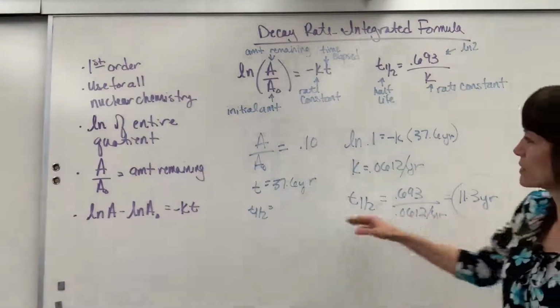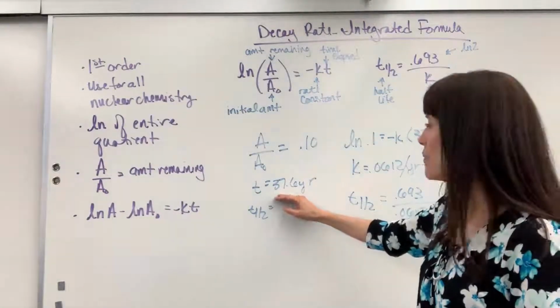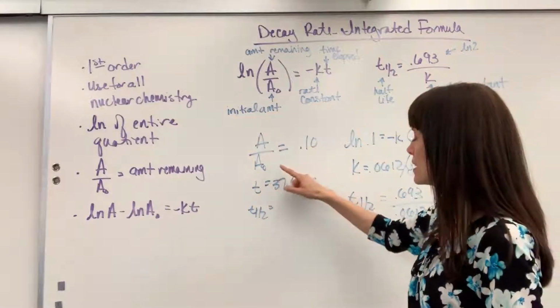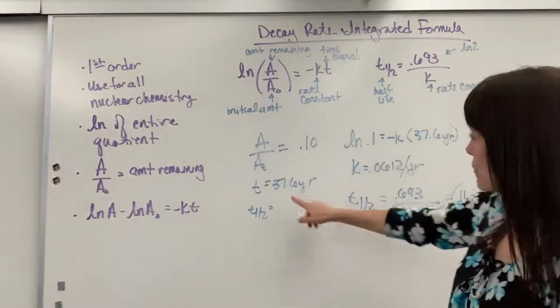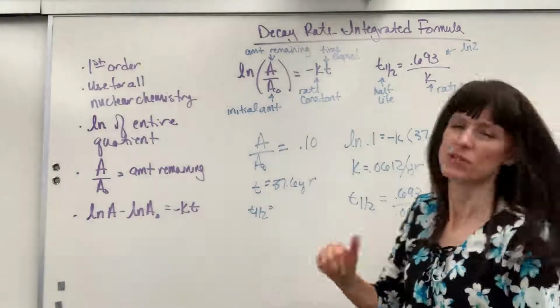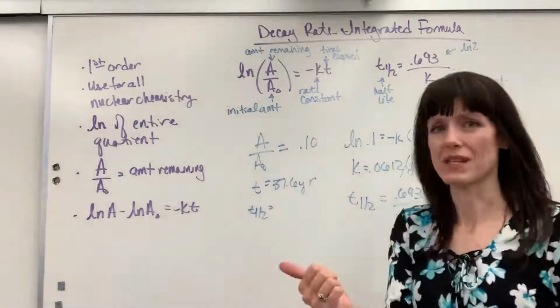So if it's 11 years, it looks like we've undergone a little more than 3 half-lives. So if I divided this in half, so divide 37 years in half, puts you at about 16 and a half years. We'd have 50% remaining.